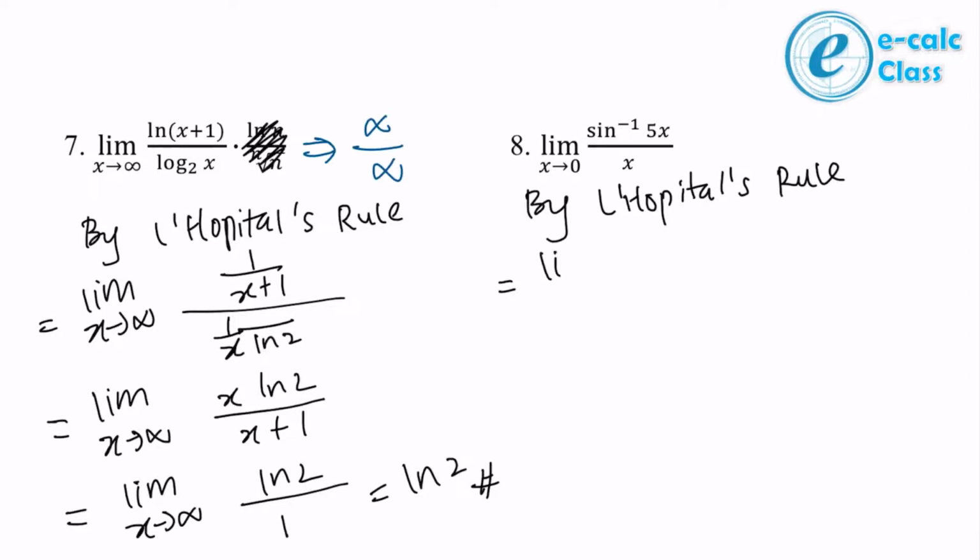It will just be the limit as x approaches 0 of, you differentiate arc sine, 1 over the square root of 1 plus that function squared, am I right? 1 plus, is it 5x, is it 25x squared? Not sure. Even I can't remember the formula for that. What is the derivative for arc sine?